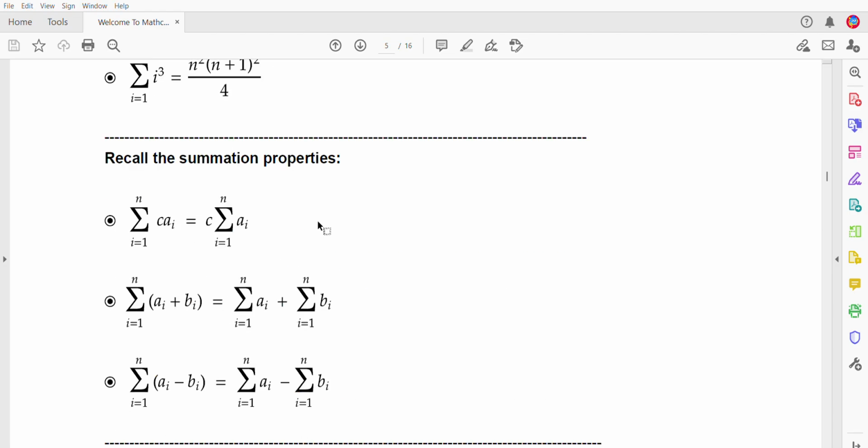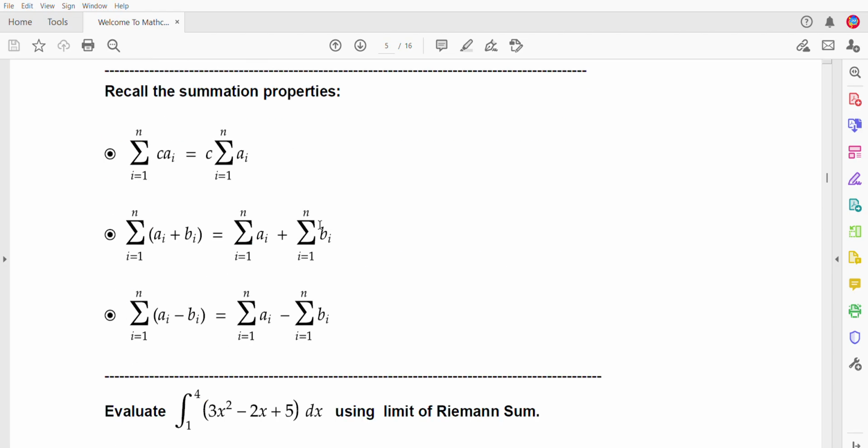Let's recall some summation properties. Summation i going from 1 to n of a constant c times a_i, the constant can jump out. Notice the constant is not dependent on i. a is dependent on i, so a has to stay in. But c is not dependent on i, so it can jump out.